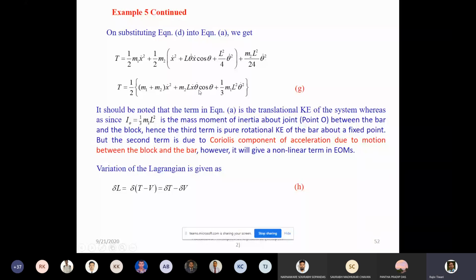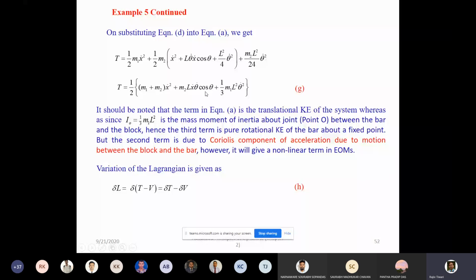When we derived it using the virtual work principle, this term was not appearing, because in that case, when the pendulum was swinging, it also has the translational motion. So the Coriolis component of acceleration we did not consider, which is too complex to incorporate. Finally it gives nonlinear terms, which anyway we need to drop. But using this energy formulation, it automatically comes. So we are retaining it at present, but finally we'll be dropping this term.